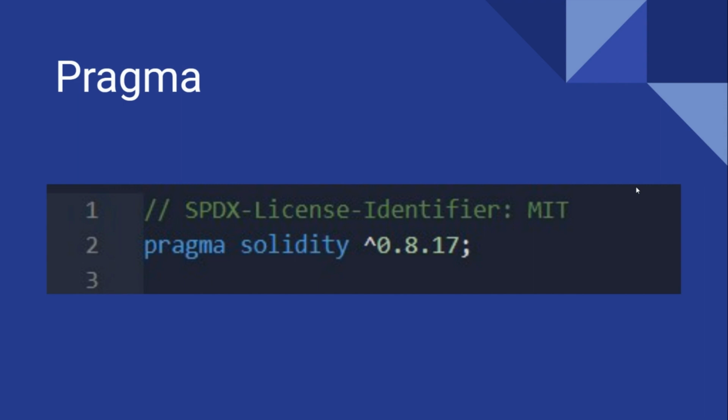But if it was 0.9.1, it would not work, because every time that second number increments, it means that there's a breaking change in the language. So that compiler would not be able to cross over. But basically, it talks about the best compiler to use for this particular smart contract.